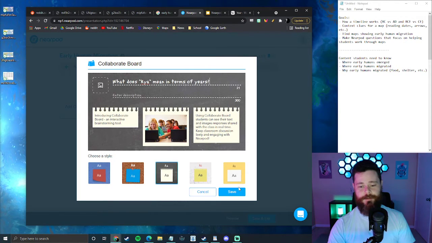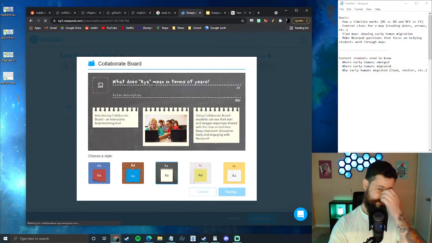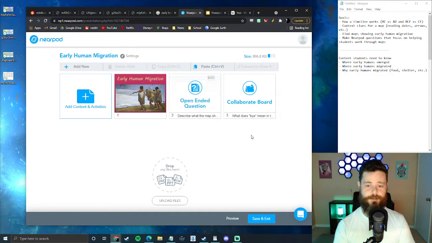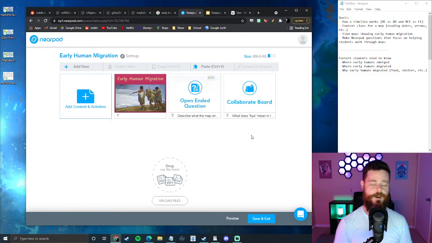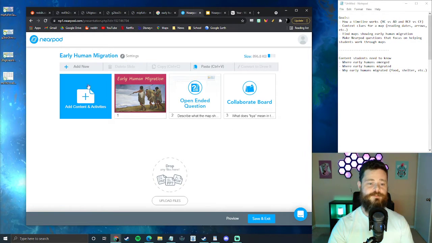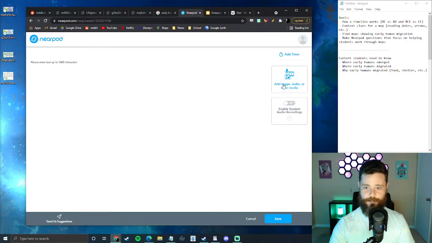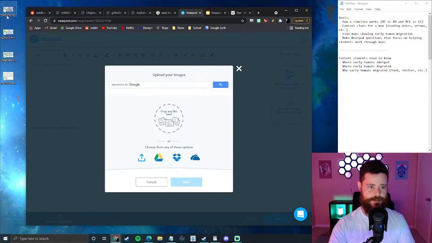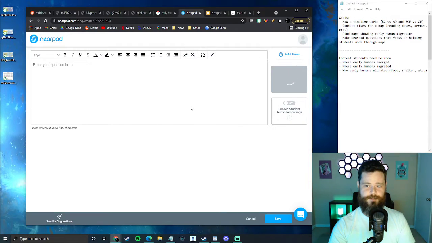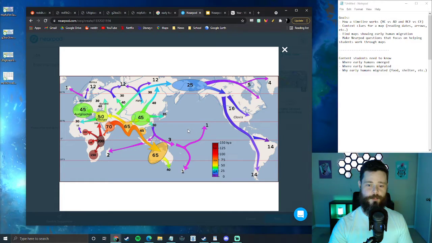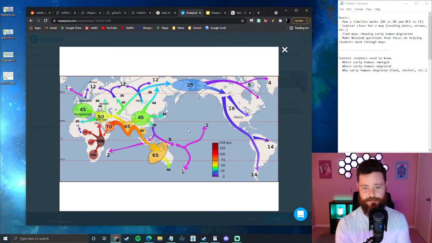And some people will probably find it a lot faster than others, and as soon as people start responding in the collaborate board, then other people are going to say, oh, okay, cool. And then from there, once we build that understanding, then we can move on to this map question. So it's kind of like a step ladder. We have to start at the very first foundational step before we can really address the map itself.